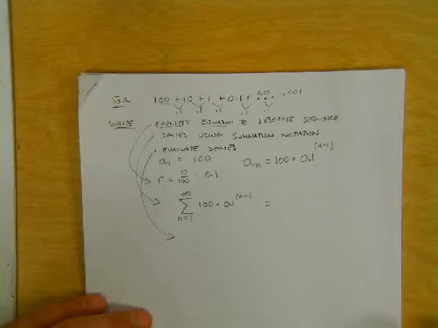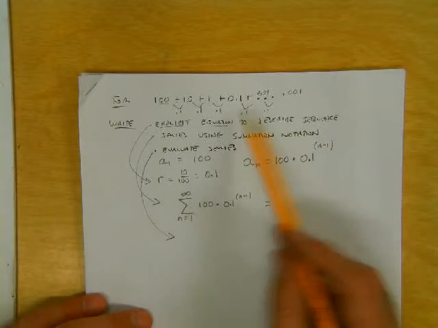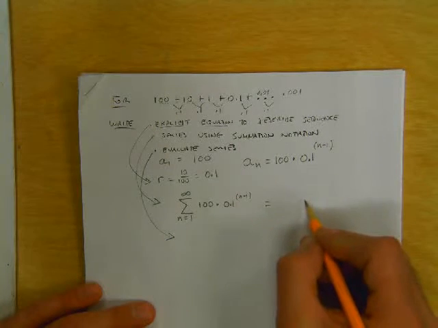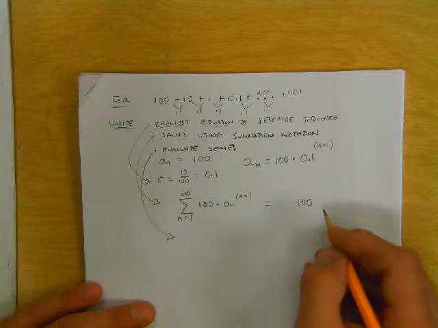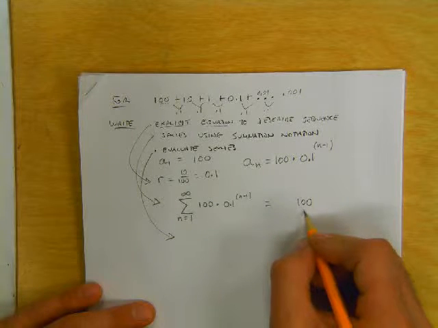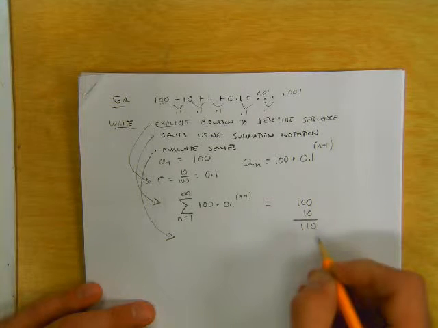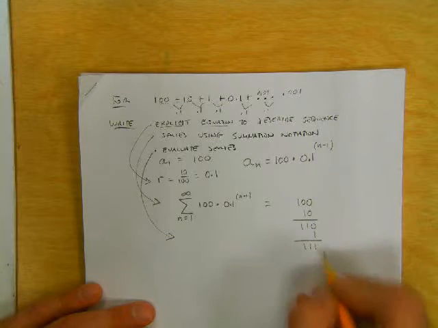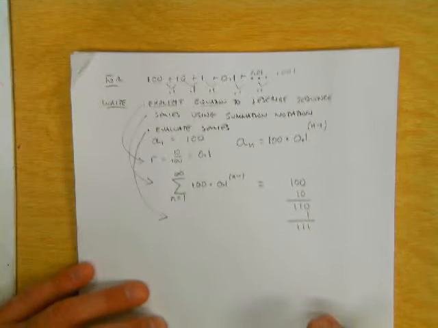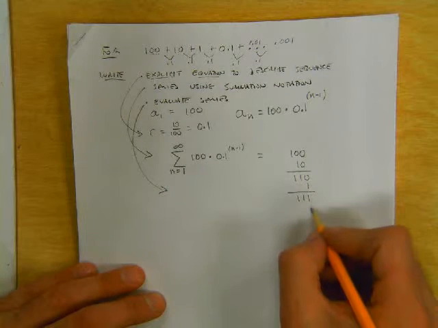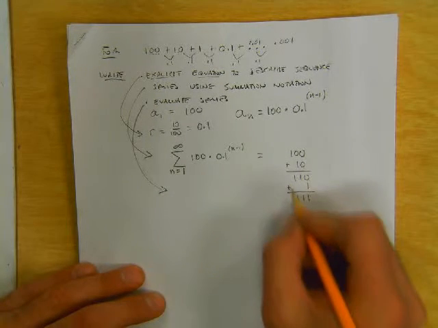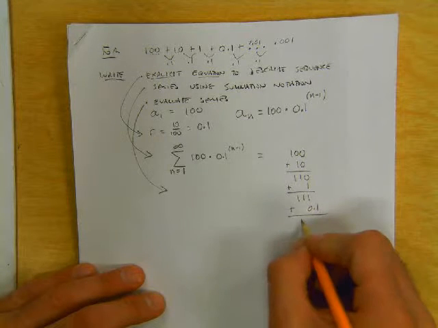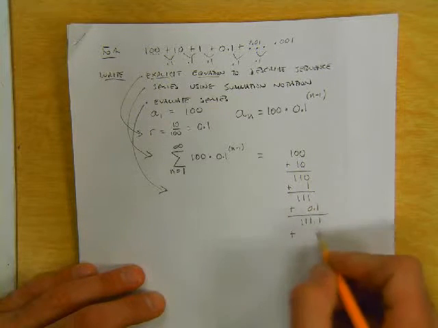And this is rather interesting because these numbers keep getting smaller, and so I'm curious what's going to happen. Well, we start with 100, and then we add a 10, and so we get 110. And then we add a 1, so we get 111. And then we add, let's see, I should put the plus signs in here, a 0.1, so we get 111.1.